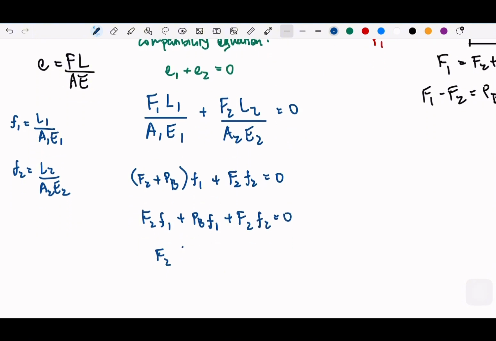We get f1 plus f2 equal to minus PB f1. So F2 is minus PB f1 over f1 plus f2.